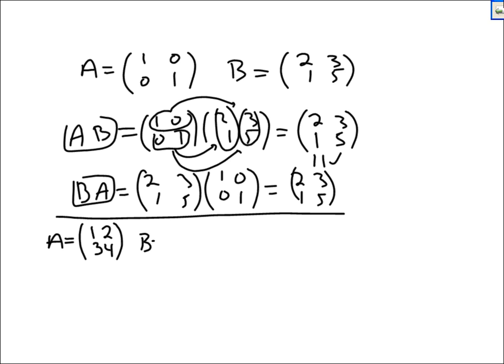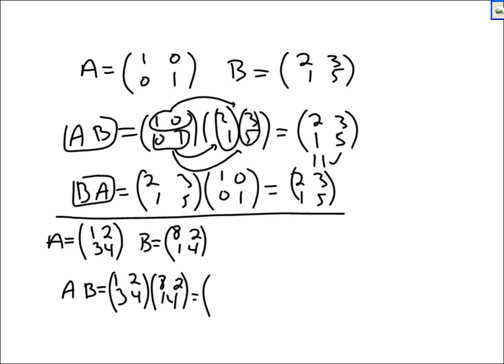A and B is, let me stay away from zeros, 8, 2, 1, 4. Well, AB, 1, 2, 3, 4, multiplied by 8, 2, 1, 4. First row, first column. 1 times 8 is 8, 2 times 1 is 2.